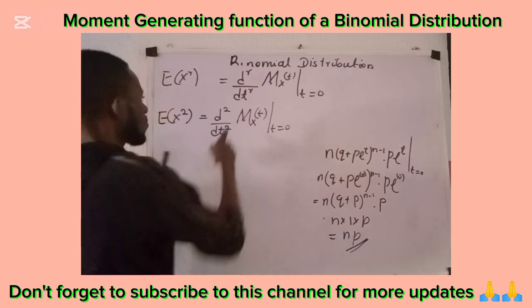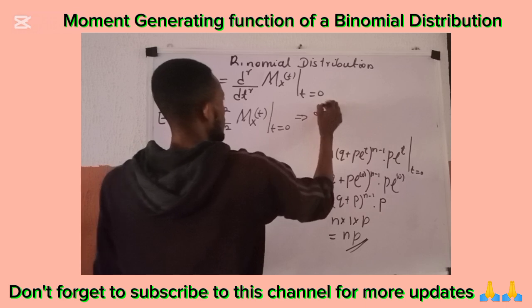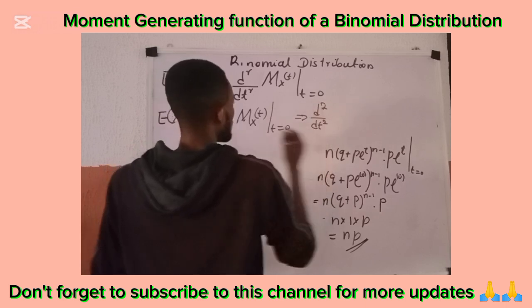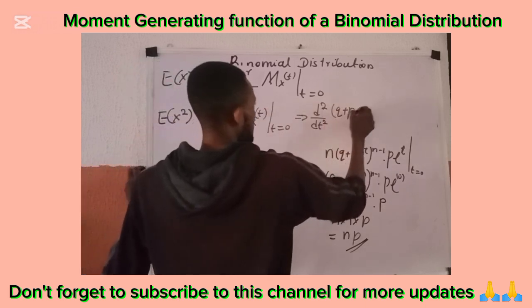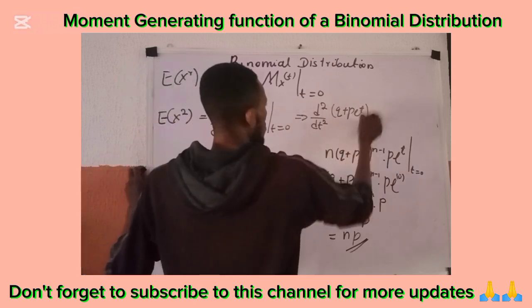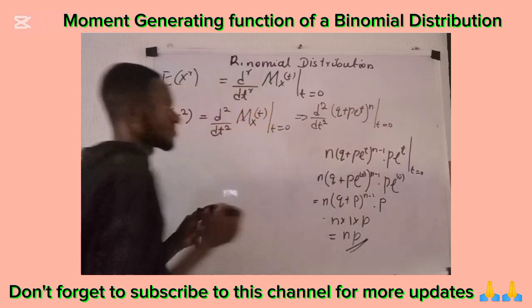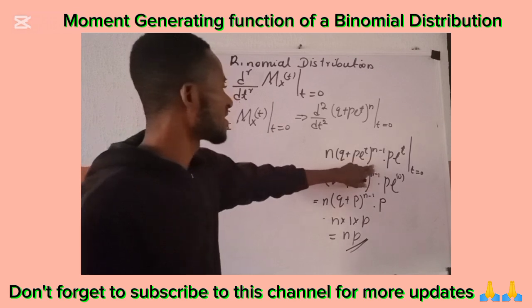So by implication, this is equivalent to d squared over dt squared of this MGF, q plus p e^t all raised to power n, evaluated when t is equal to 0.